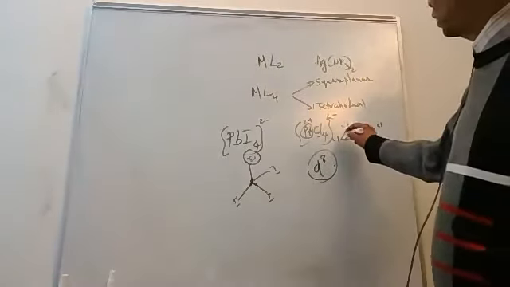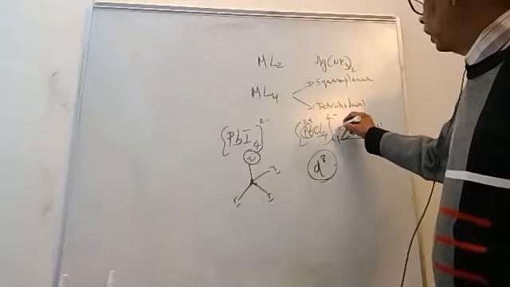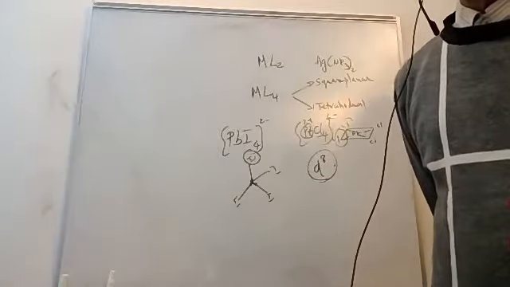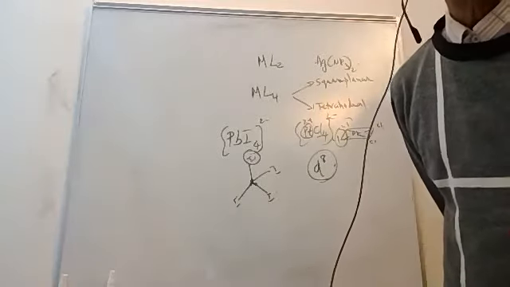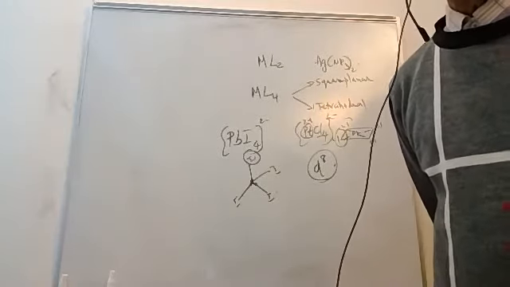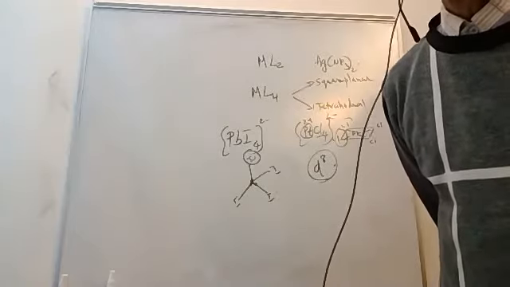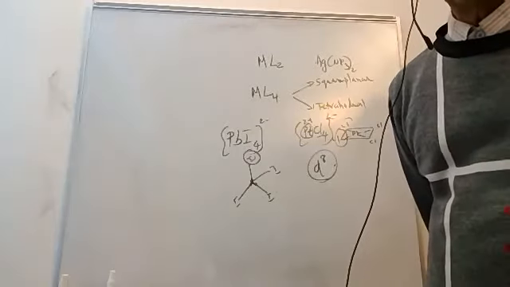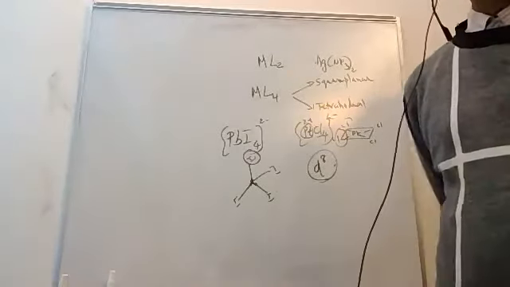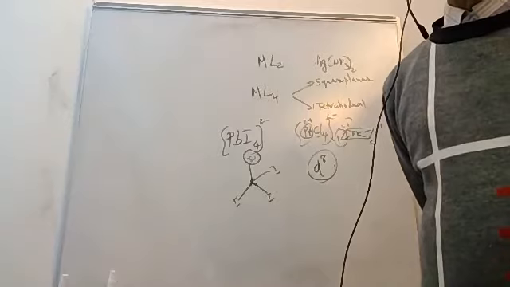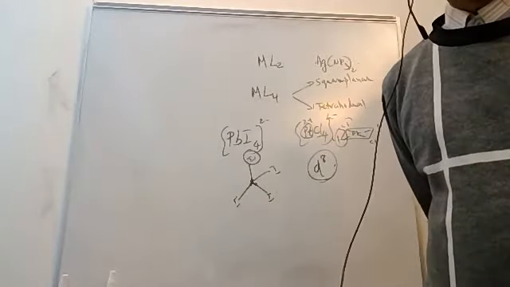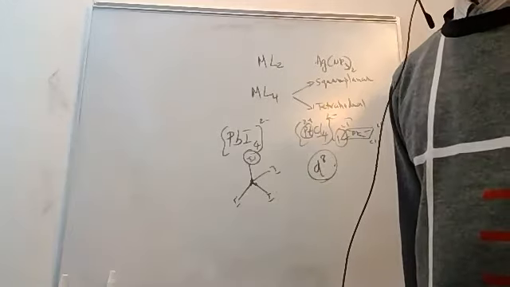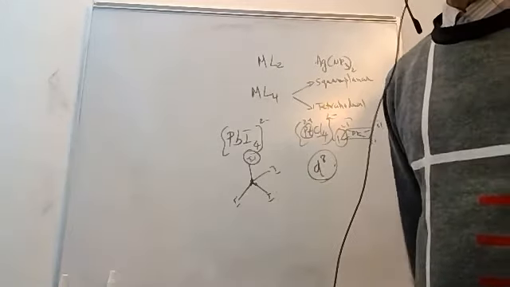In a square planar geometry, putting 2 bulky ligands next to each other is not feasible because of the repulsions and the steric hindrances. So one way to minimize that steric hindrance is arranging them in a tetrahedral fashion. So if the ligand is huge, usually they go with tetrahedral configuration. But again, whatever I'm saying, there are exceptions, but these are general observations.